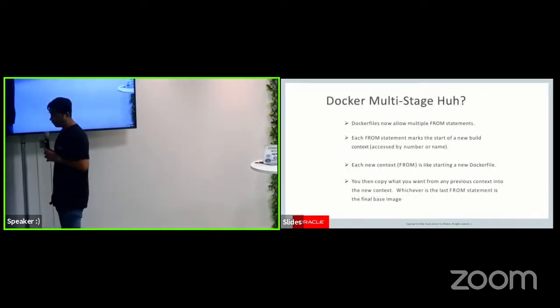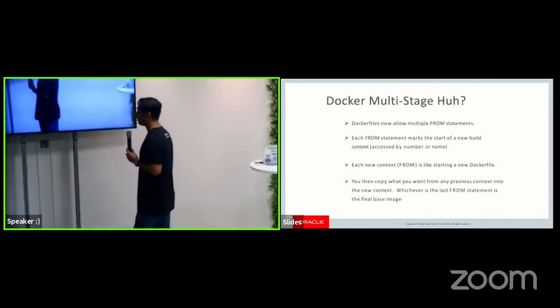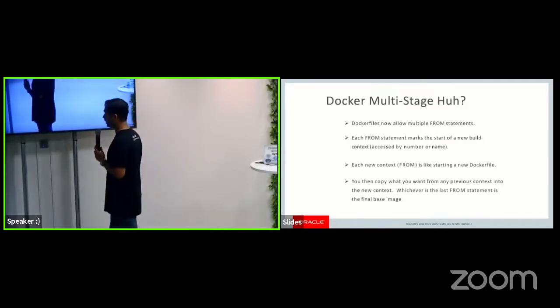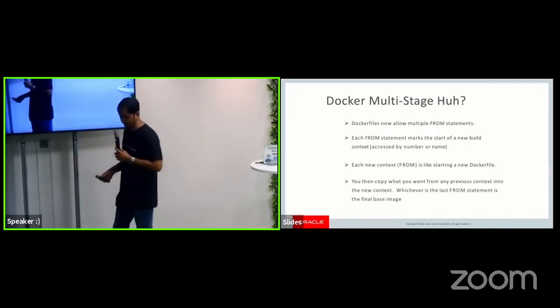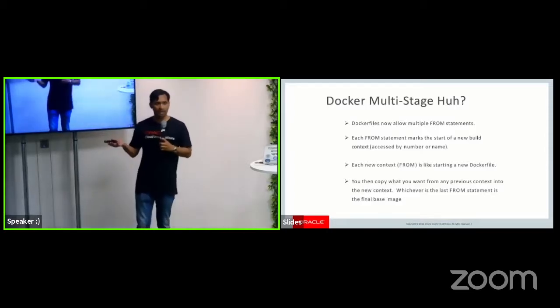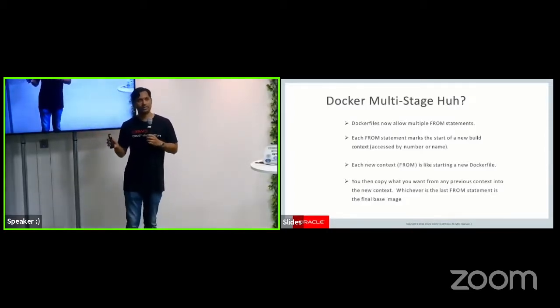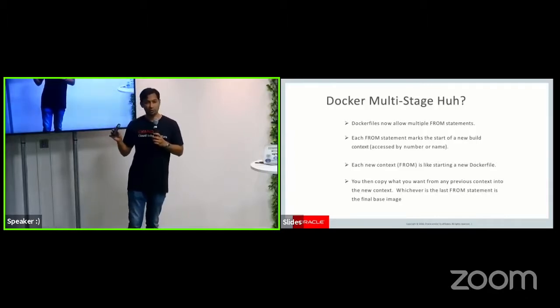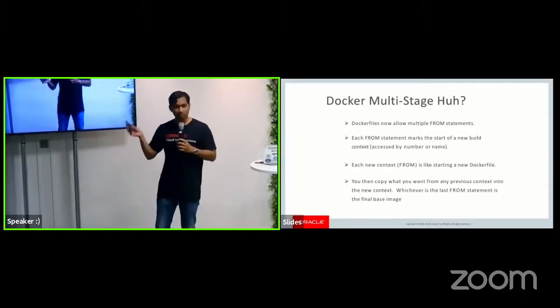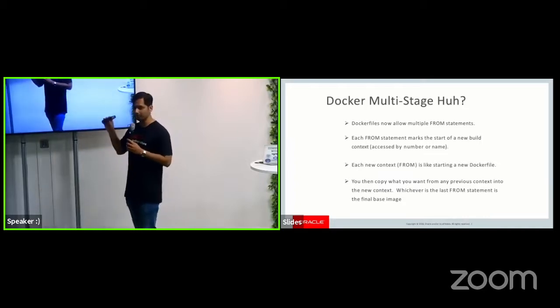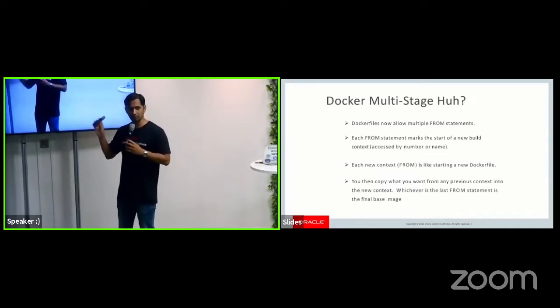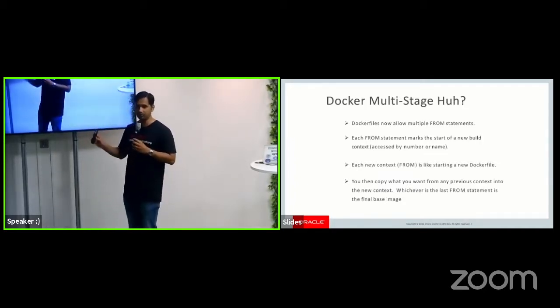Docker multi-stage. So what is that? Docker now allows multiple FROM statements. When was that introduced? Two years back, I think 2017, somewhere around the February to June timeframe. It was merged in a pull request and then pushed into the 17.05 release.